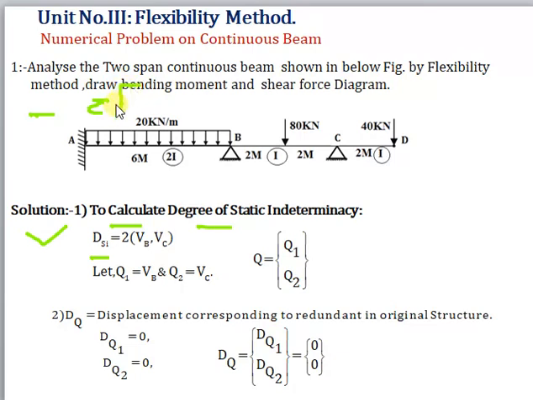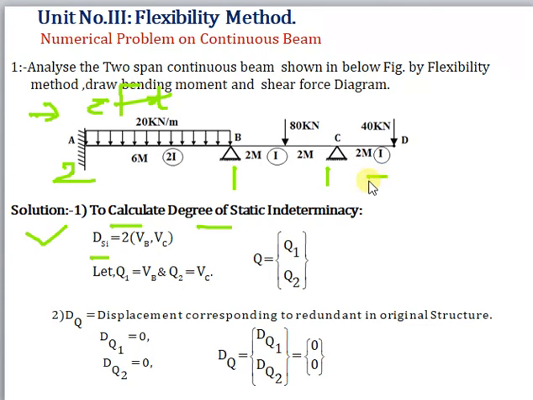So at A there is a fixed support, so unknown reactions are 2. At B there is a hinge support, so unknown reaction is 1, and at C the unknown reaction is 1, neglecting the horizontal reaction.